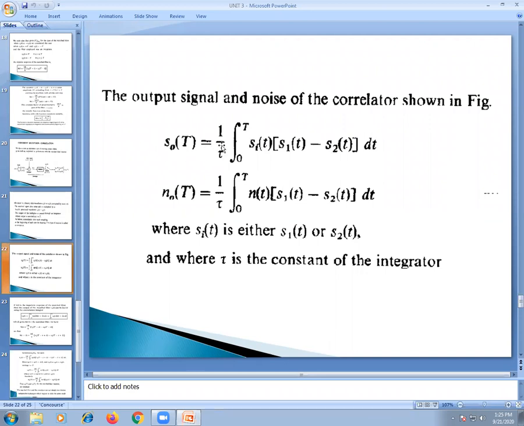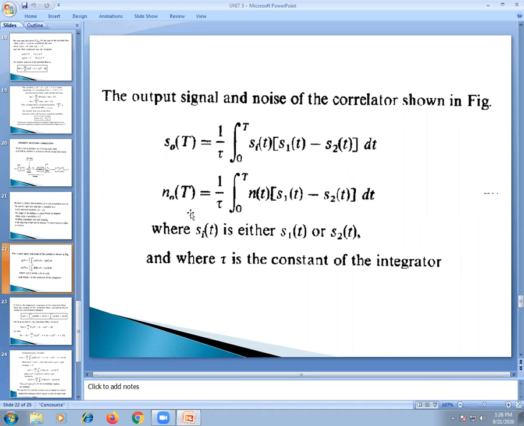Likewise the noise output: N0 of t is equal to 1 by tau, integral from 0 to T, of N of t times S1 of t minus S2 of t dt. Students, here we can separate the two signals from the block diagram: signal output and noise output. The signal output is the signal input multiplied with the difference of the signals, the local signal, integrated from 0 to T with 1 by tau.